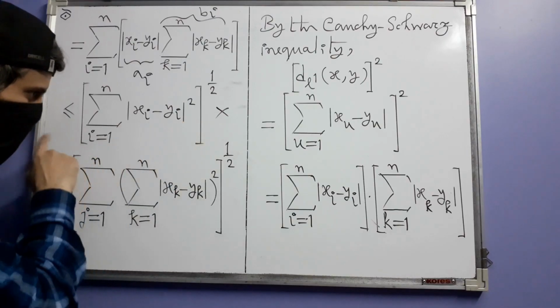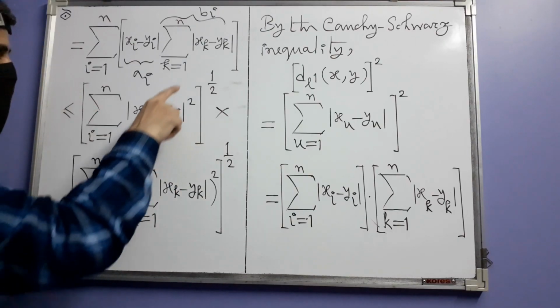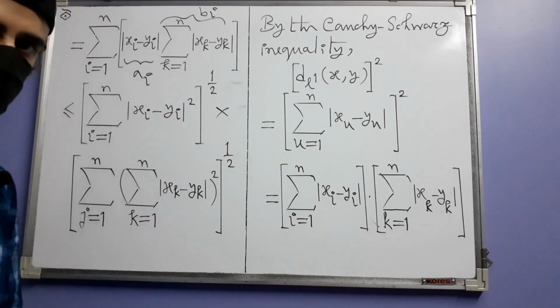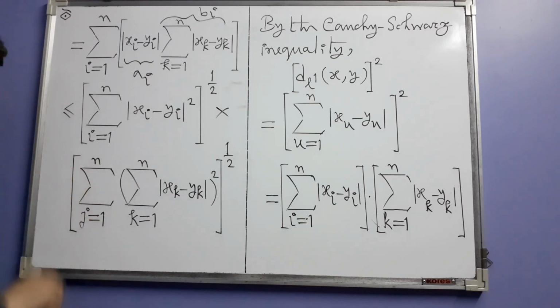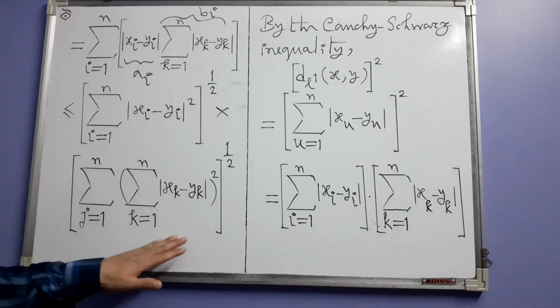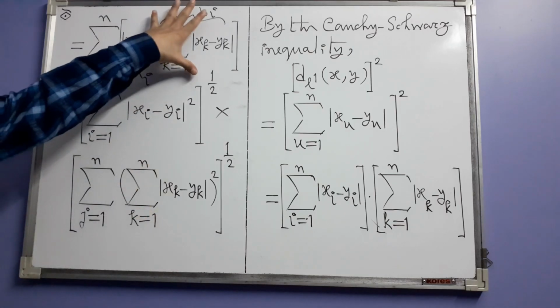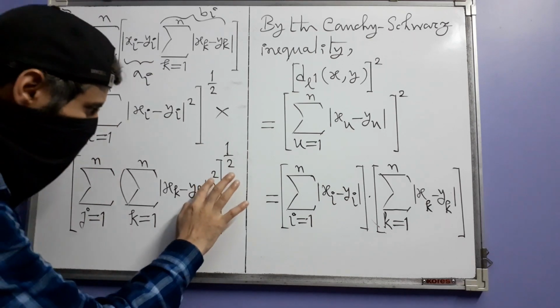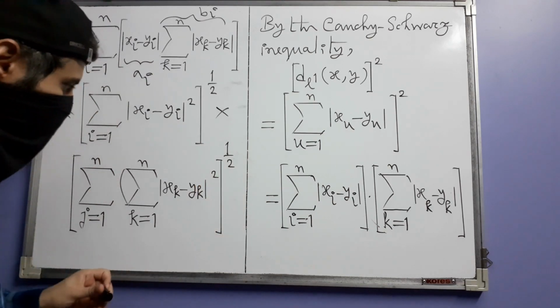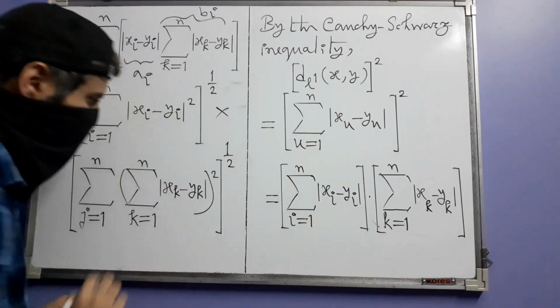Times the square root of summation bj square, and in fact that's why I have written j equal to 1 to n. But each bj is this, so it's squared. That's why you see the square over the entire sum.